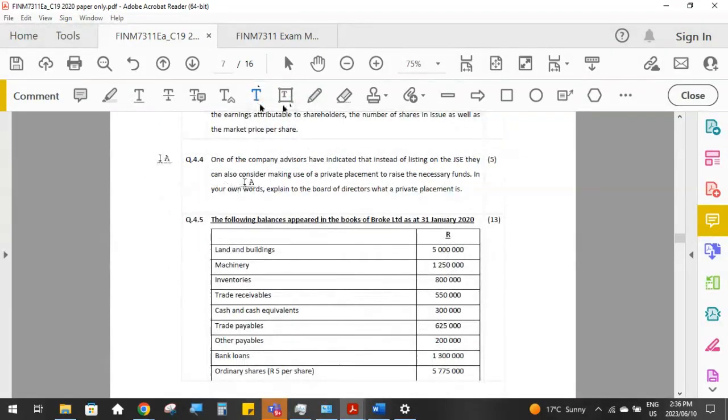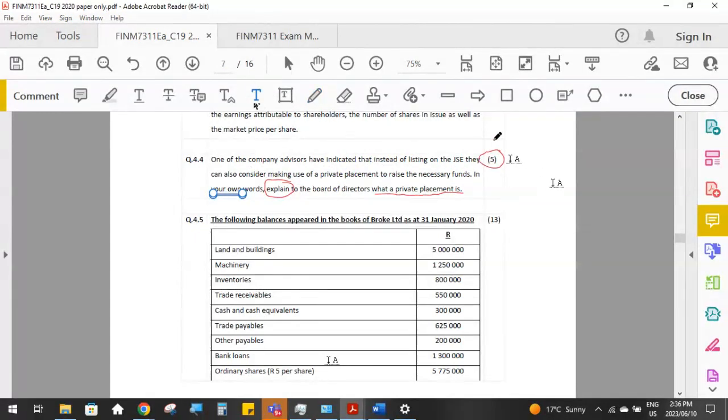And then 4.4, one of the company advisors has indicated that instead of listing on the JSE, because remember they're listing because they want to raise funds, they can also consider making use of a private placement to raise the necessary funds. So in your own words, explain to the board of directors what a private placement is, and that's for 5 marks.